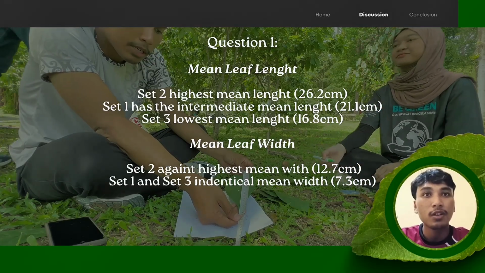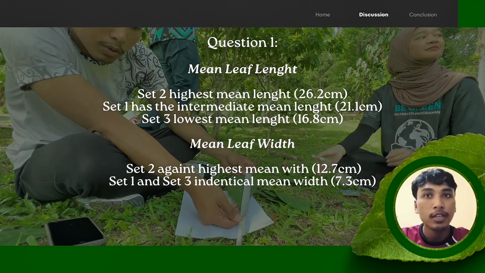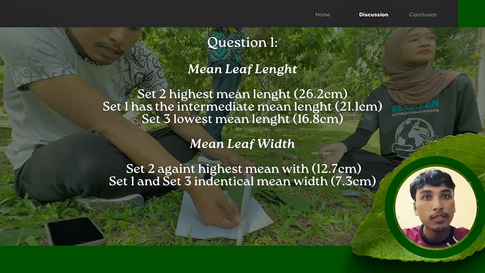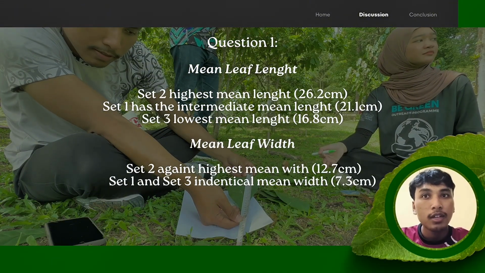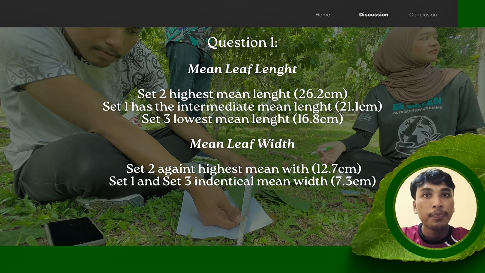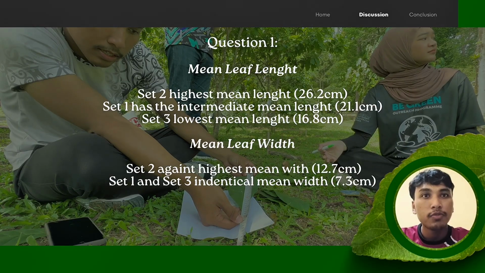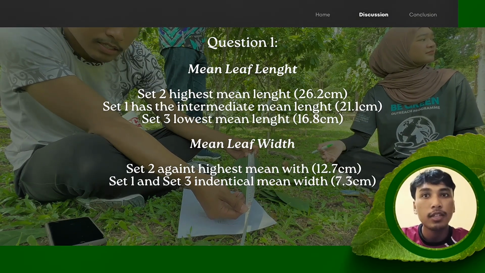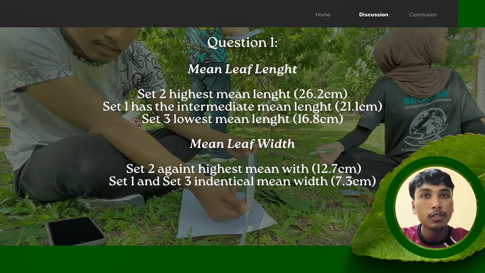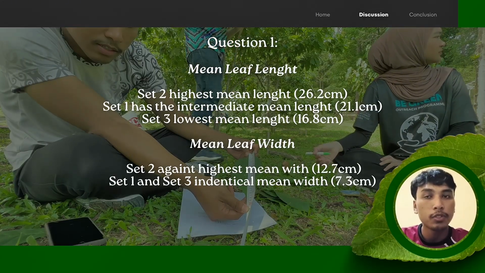This difference shows that leaf length varies between the sets even though the leaves come from the same tree. This variation may be due to factors such as leaf position on the tree or sunlight exposure.